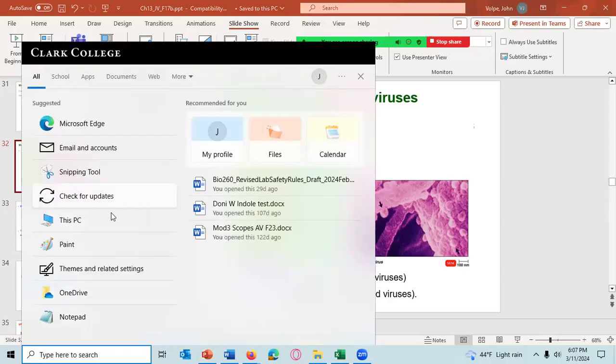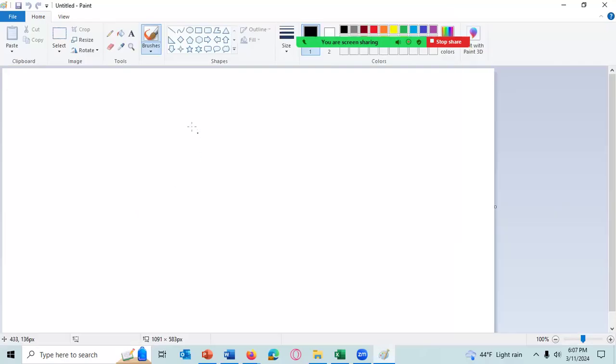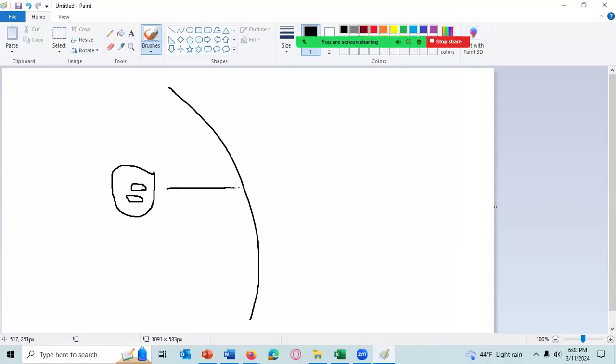So what happens is, let me do this in paint quickly. We have a cell here, and we make a virus here, and let's say there's several of them, because usually there'll be more than one. And it gets put inside a vesicle. The vesicle then comes up to the cell membrane and fuses. When it fuses, let me draw this over here.